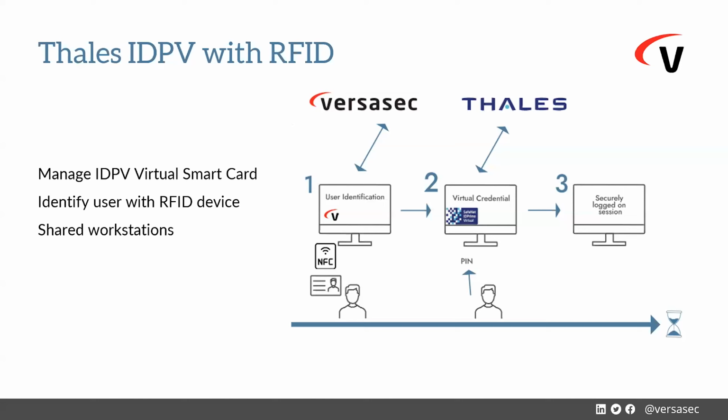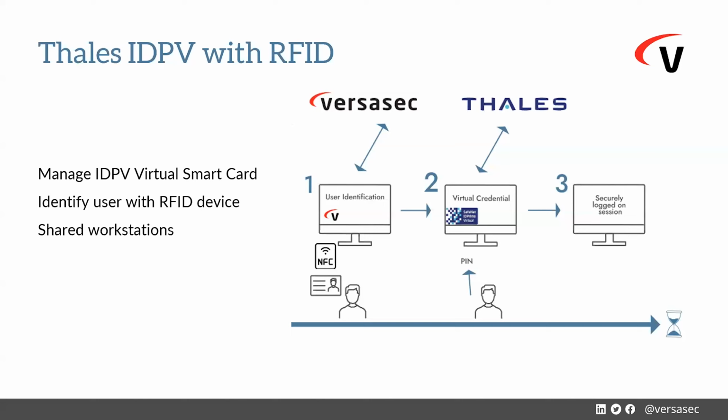Now, in a scenario where multiple users will log in, for example, into a shared machine frequently, finding the relevant virtual smart card can be time-consuming and a pretty not so good user experience. So in order to enhance the user experience, particularly in environments like factories where physical access management is more common, this solution integrates RFID and NFC tags.